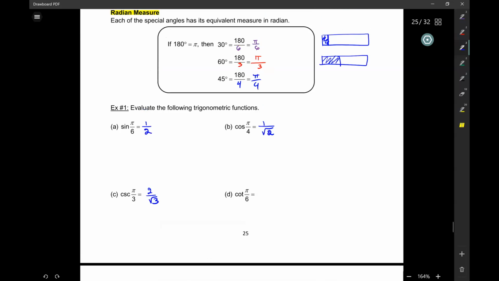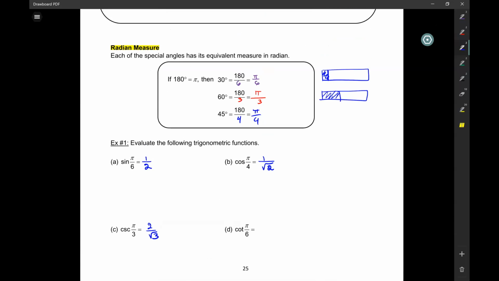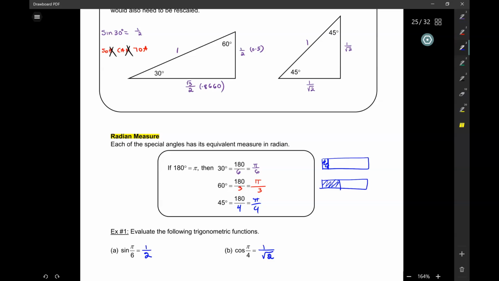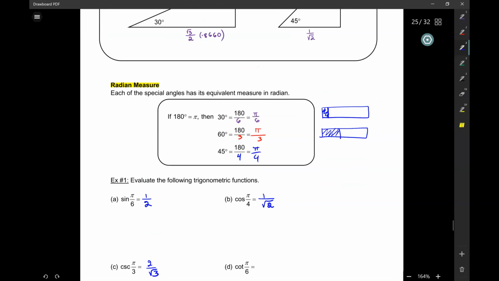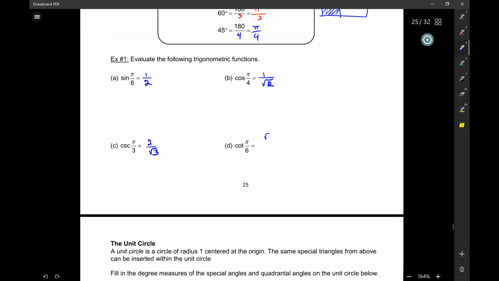Now, cotangent of pi over 6. Where is pi over 6? Big or small? Small. Cotangent is adjacent over opposite. So adjacent is root 3 over 2 over opposite 1/2.